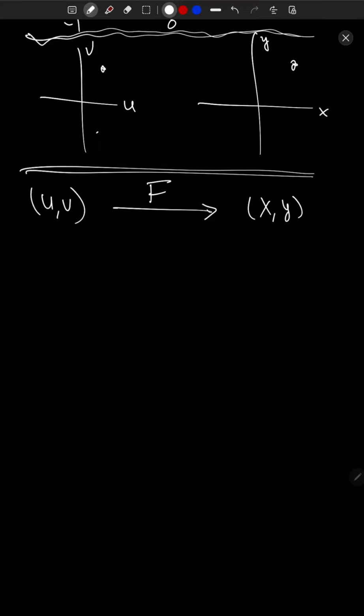Let me call it capital F. Then I could write F of (u, v) is equal to something comma something, because we need an X coordinate and a Y coordinate, and whatever the formula for this mapping is goes inside here. So for example, let's do a simple one, 3u plus 4v, and let's say u minus v.